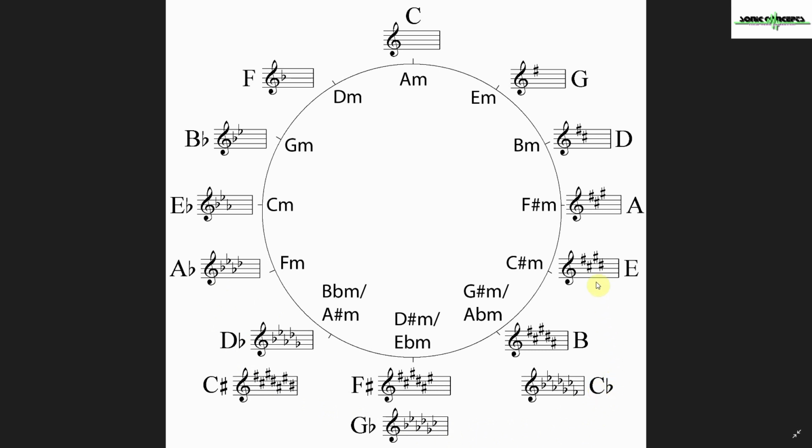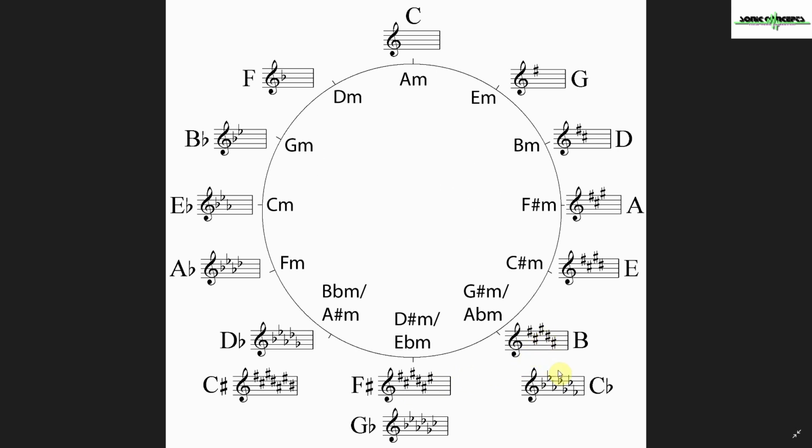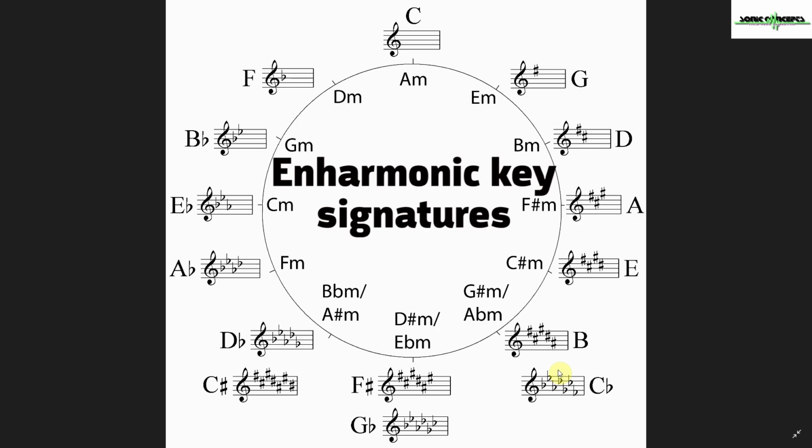Similarly, the sharp keys are on the right side of the circle and increase in the number of sharps per key the further you go down the right side. Notice that D flat and C sharp, F sharp and G flat, and B and C flat occupy the same positions on the clock. These are enharmonic key signatures.